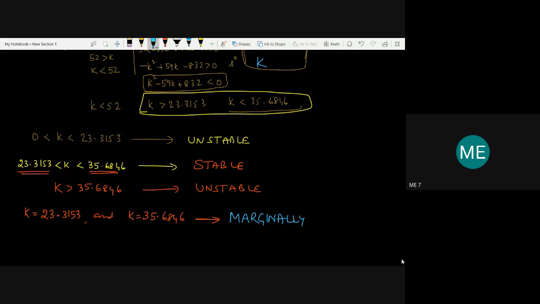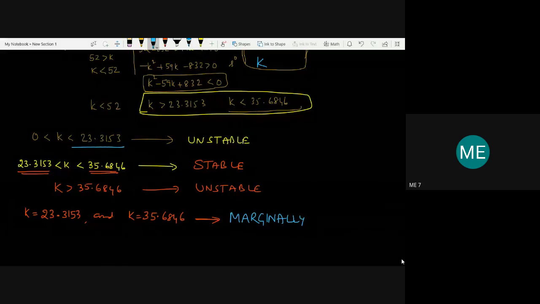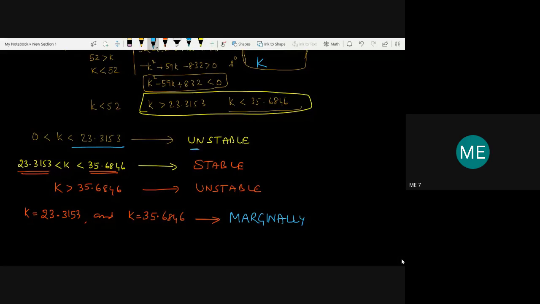Means if you try to decrease the value below 23.3153, or increase it beyond 35.6846, it leads to instability. Reducing below 23.3153 makes it unstable, and increasing k more than 35.6846 makes it unstable. So for the values of k equal to these two values, it is a marginally stable system.